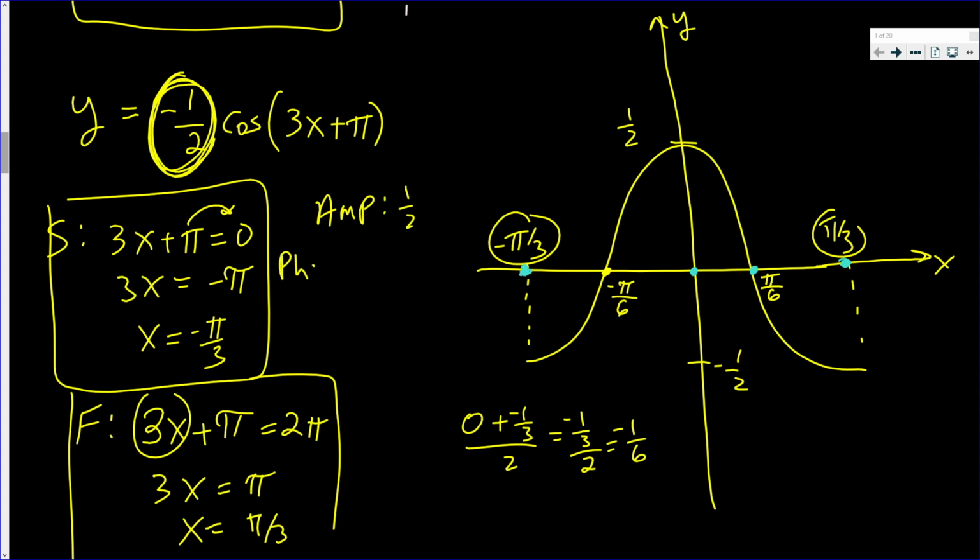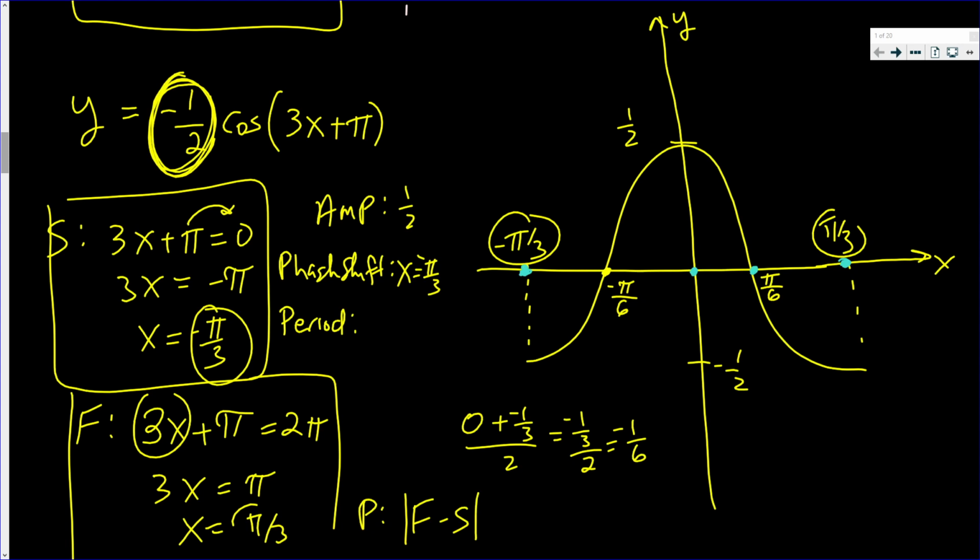The phase shift is where you start. X equals negative pi over 3. It's where you start. And the period, now sometimes it'll be negative, but generally the period is the finish minus the start.